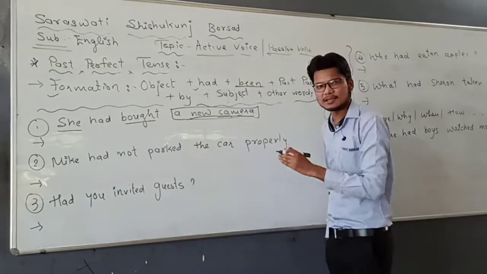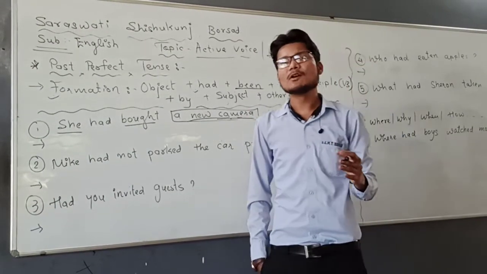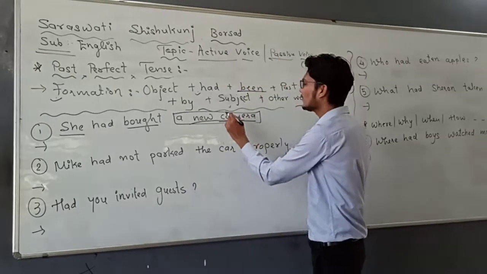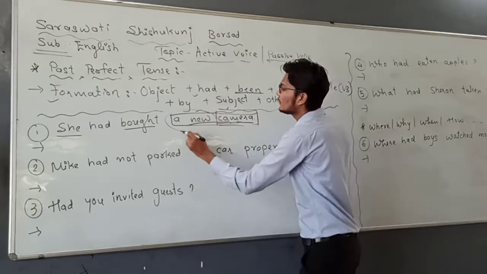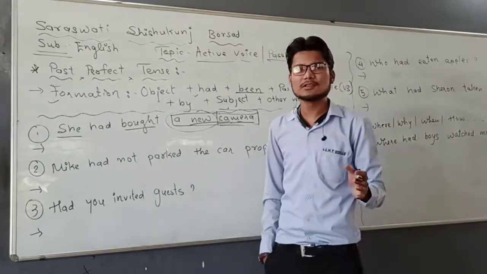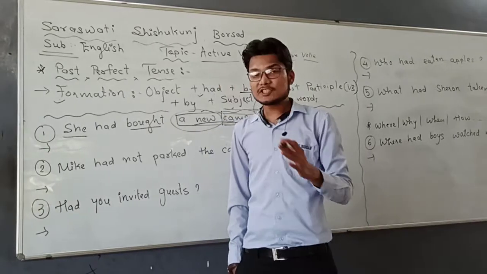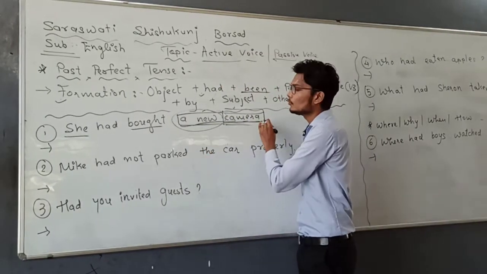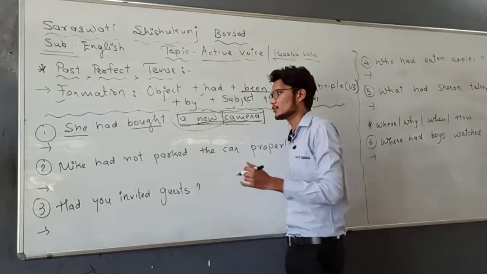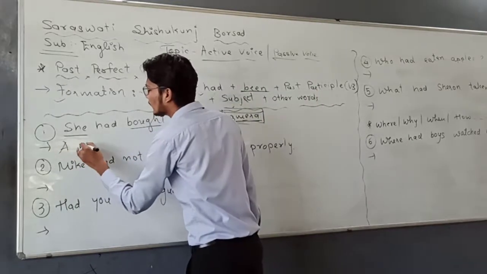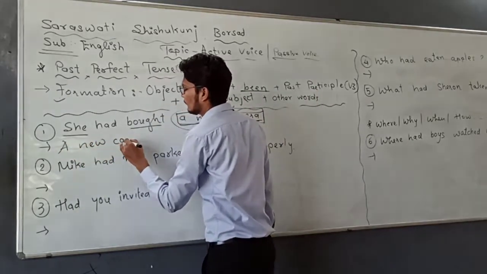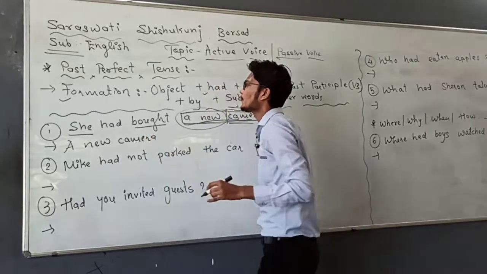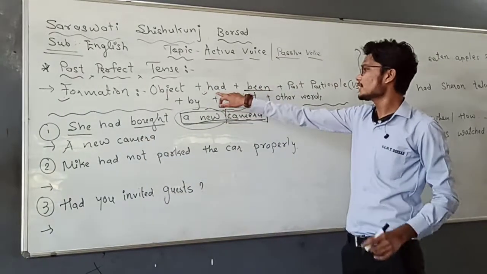A new camera. Some students make the mistake of taking only camera and forgetting the rest. This should not be done. Instead, you have to take the whole portion as the object: a new camera. Now, after the object, what is that?